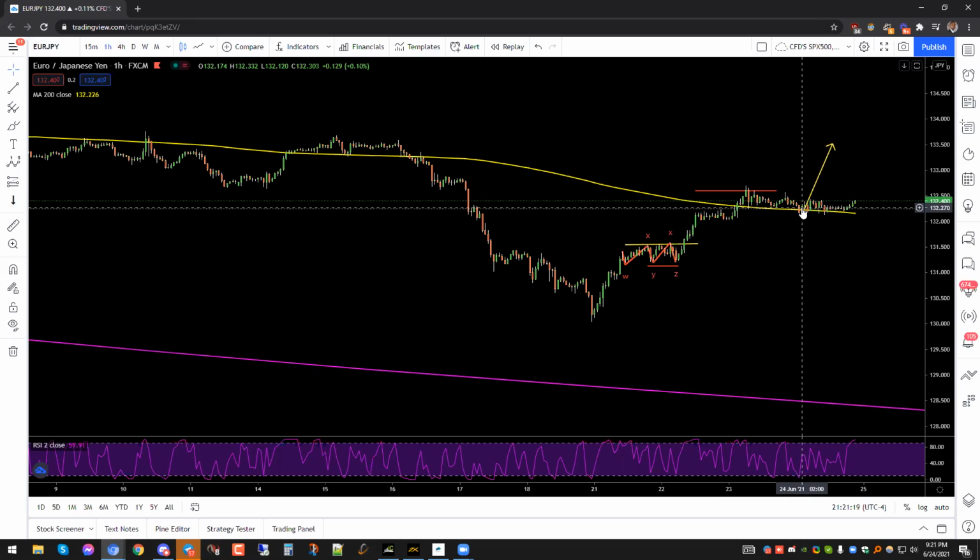So you want to look at this European session open, which would make for a very good opportunity to get into the market. So you're looking at the 2 a.m. candle to 3 a.m. You're looking at the 3 a.m. to 4 a.m. candle. You're looking at those as potential entry points.